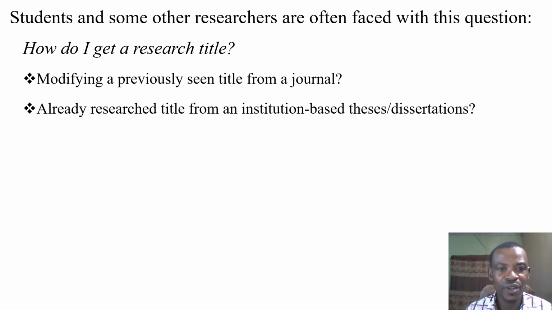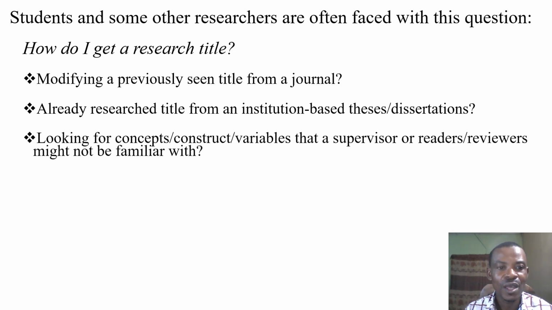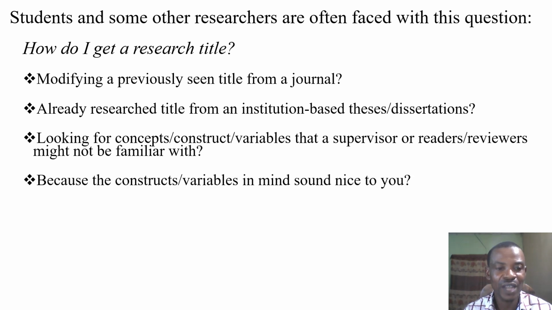Maybe you feel that going to an institution and picking up an already existing research title could be a way of getting your research title. Or is it just by looking for concepts or constructs that a supervisor or even readers may not be familiar with so that you can scale through a defense? Sometimes these are what beginning researchers or student researchers ask or go into in order to get a title.